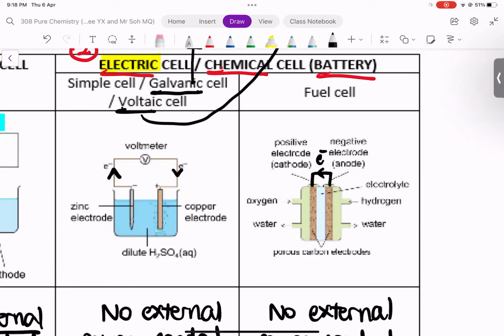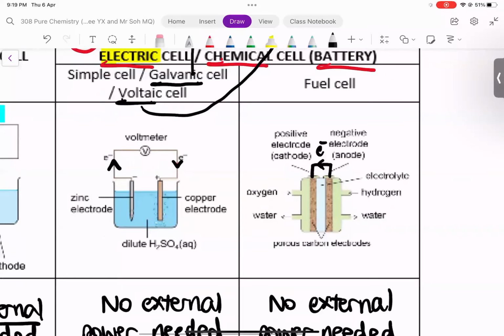Batteries aren't supposed to heat up. If batteries heat up a lot, that means a lot of heat energy is produced, right? Then it's not normal. It means that the battery, the simple cell inside, is actually malfunctioning. A simple cell or a fuel cell should ideally have minimal conversion to heat energy. Okay?